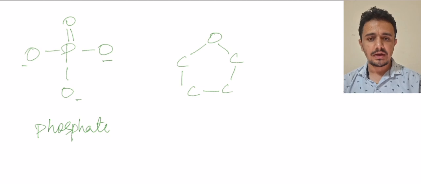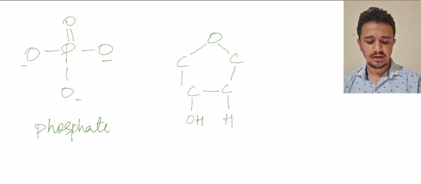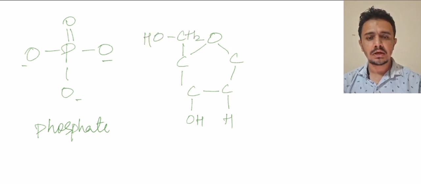It has one hydroxyl group here in the third position, and in the second position we have one hydrogen. Here we have one more hydroxyl group attached to this carbon.